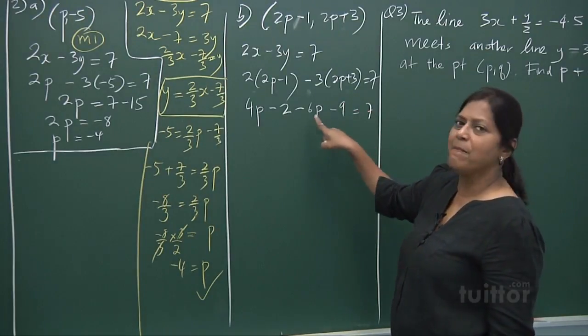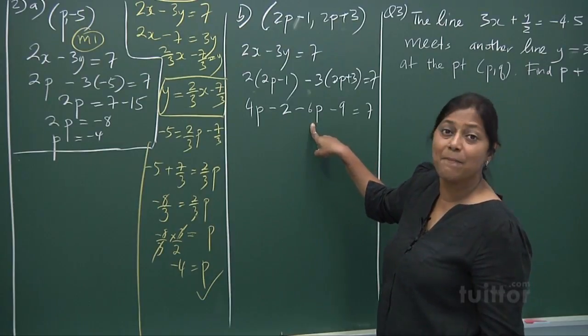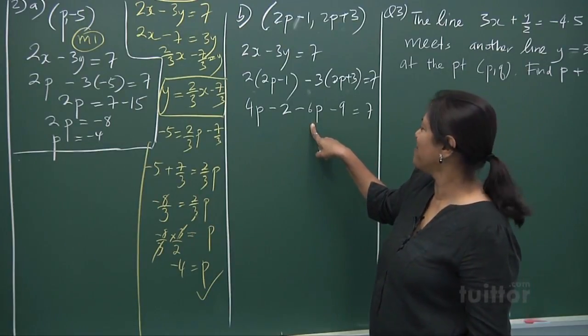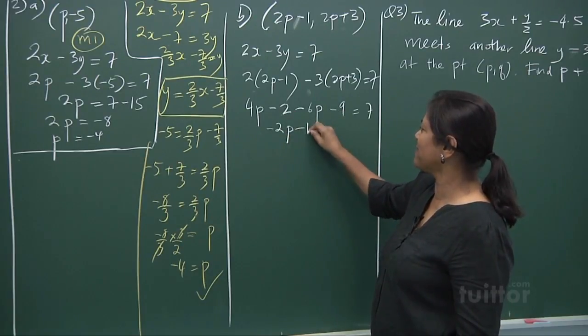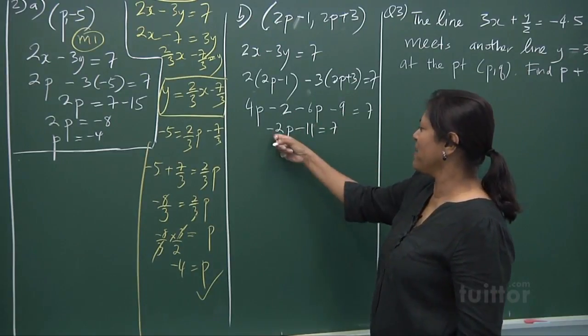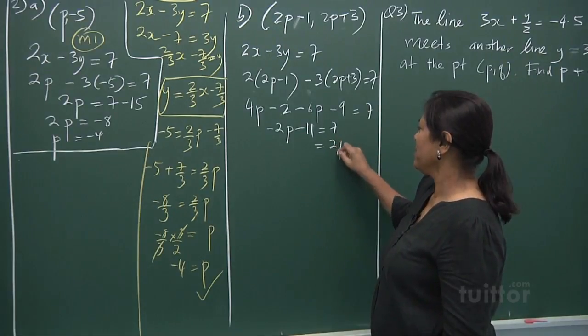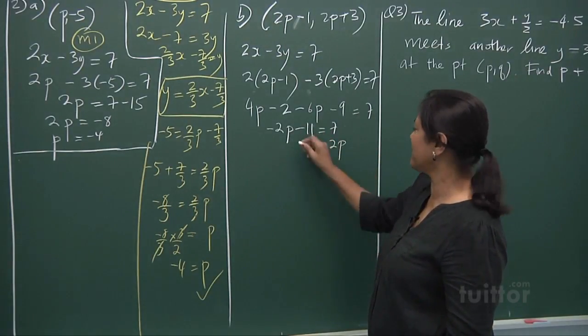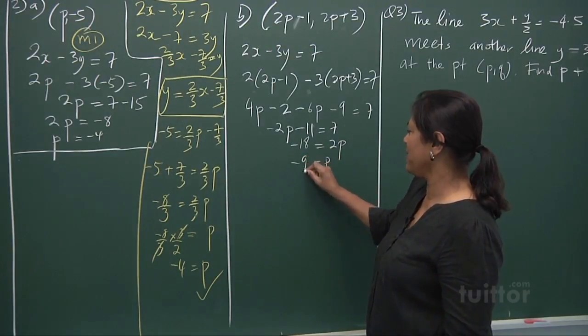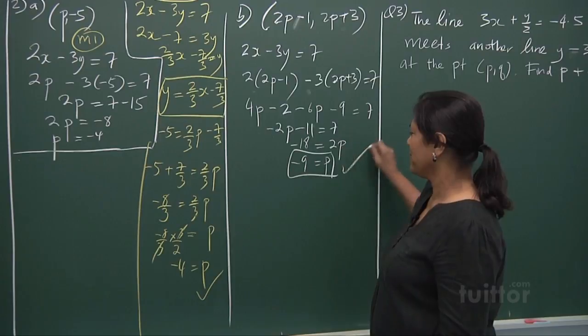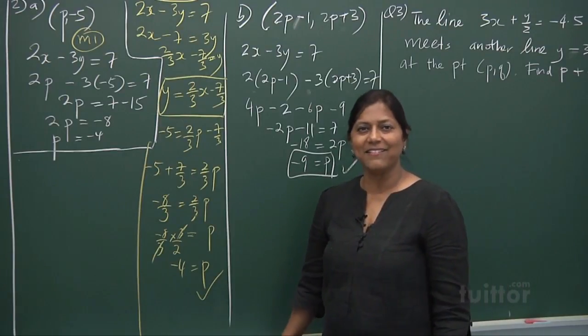So your 4p minus 6p is minus 2p. So you've got minus 2p, and minus 2 minus 9 is minus 11. Bring your minus 11 over to the 7, you get minus 18, and your p is solved as minus 9. That's the value. Getting easier, isn't it?